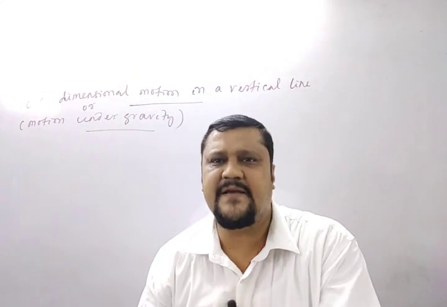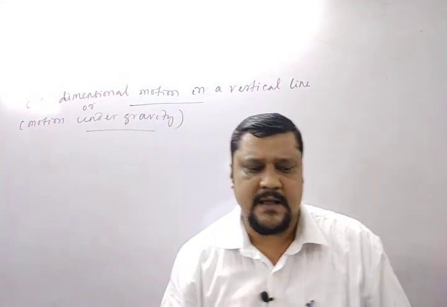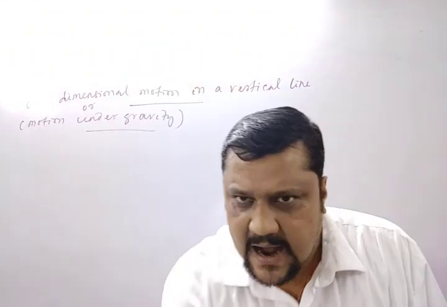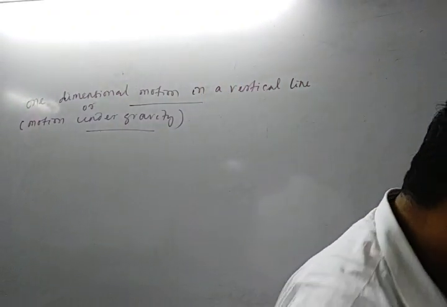Earth attracts everything towards its center or towards its surface. So if a body goes up, earth attracts it with a force, and that force is called the force of gravity.